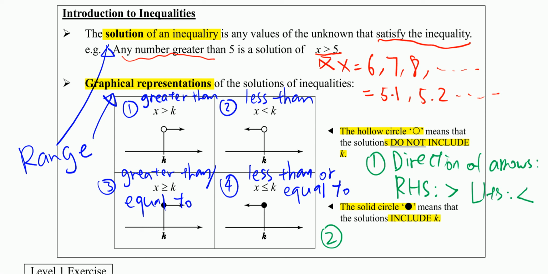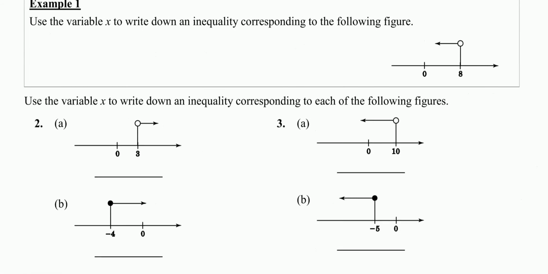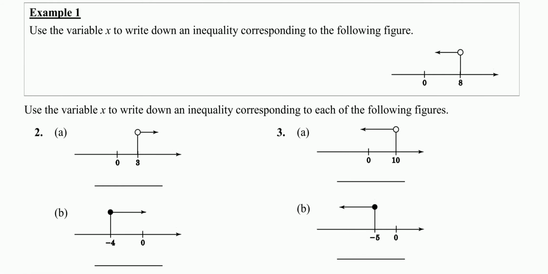So if you know the basic ideas about graphical representations, I can give you some simple examples to consolidate your thinking. So let's move on to example 1. We want to use the variable x to represent the inequality. And here we can split into 2 cases.